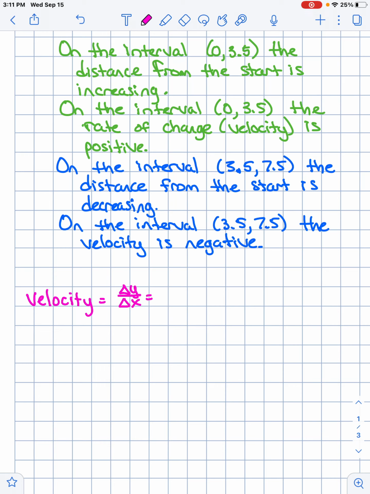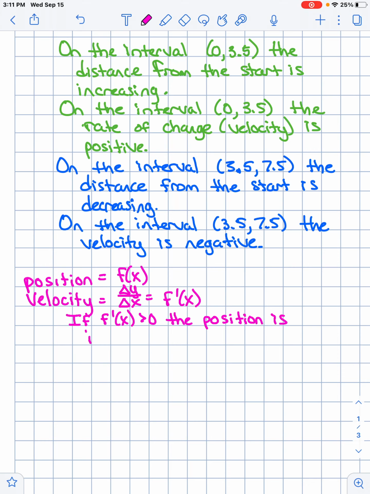So we say that, I'm going to start at the beginning, if the position function is f of x, then the velocity is that slope, that rate of change, so that velocity would be f prime of x. And what we found so far is that if f prime of x is positive, the position is increasing.